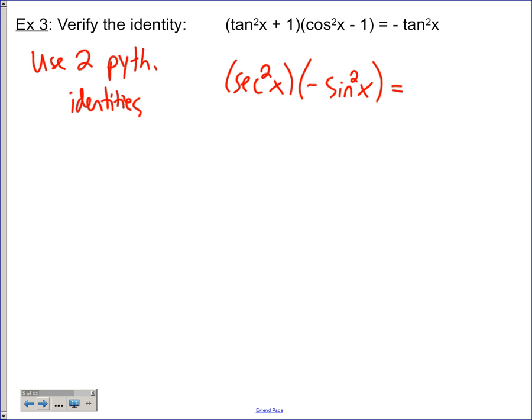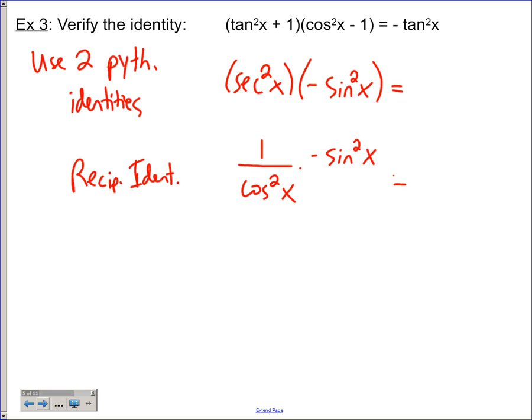And then now let's start combining. We'll use the reciprocal identity for secant squared, which is 1 over cosine squared x. And we're multiplying that by negative sine squared x.